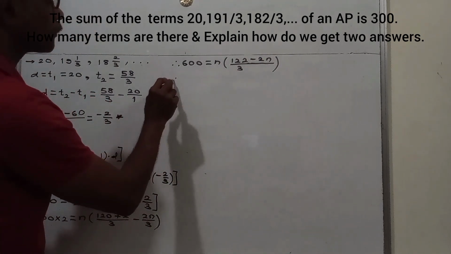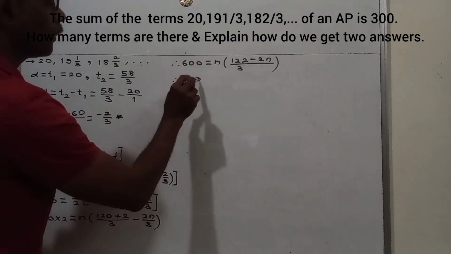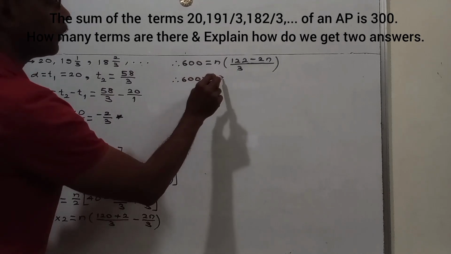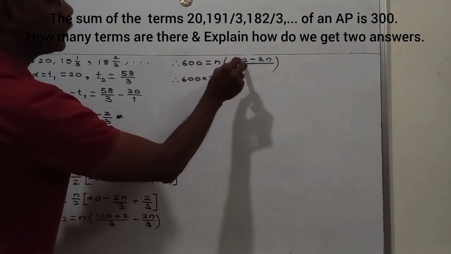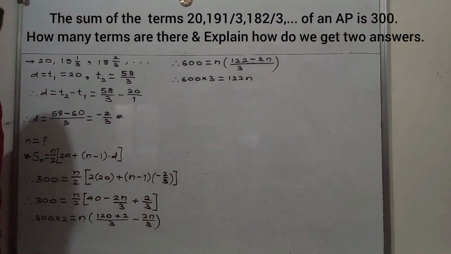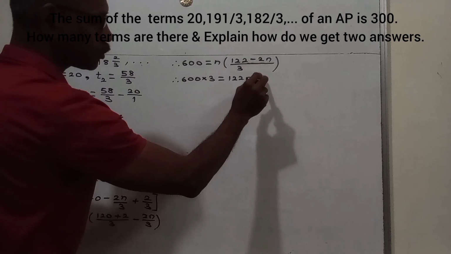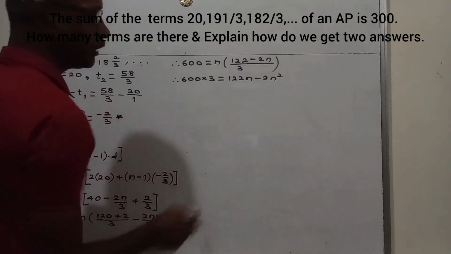Now this 3 we take to the left side: 1800 = n into 122, which is 122n, and n into minus 2n, which is minus 2n square.